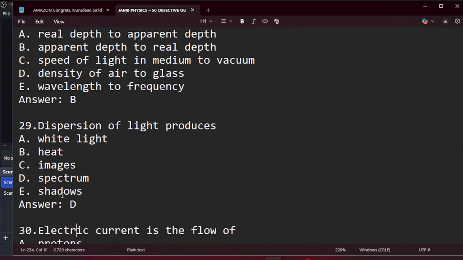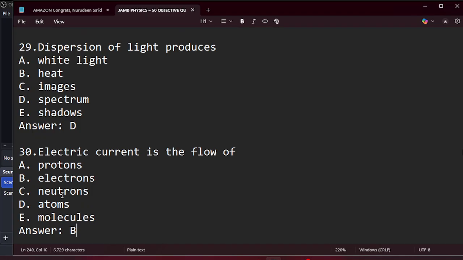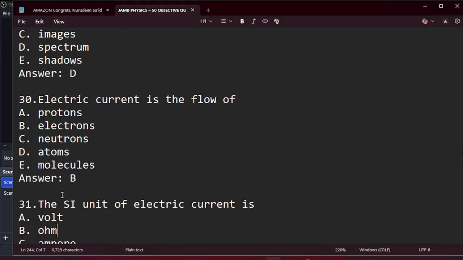Question number 29. Dispersion of light produces A, white light, B, heat, C, images, D, spectrum, E, shadows. The answer is D, which is spectrum. Question number 30. Electric current is the flow of A, protons, B, electrons, C, neutrons, D, atoms, E, molecules. The answer is B, which is electrons.